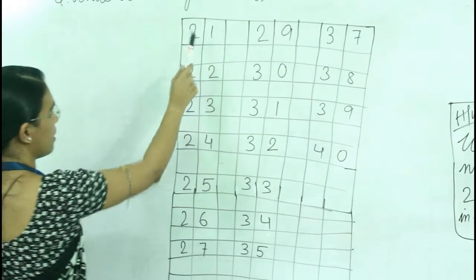Okay. Now look at the board. Write each number in a separate box.